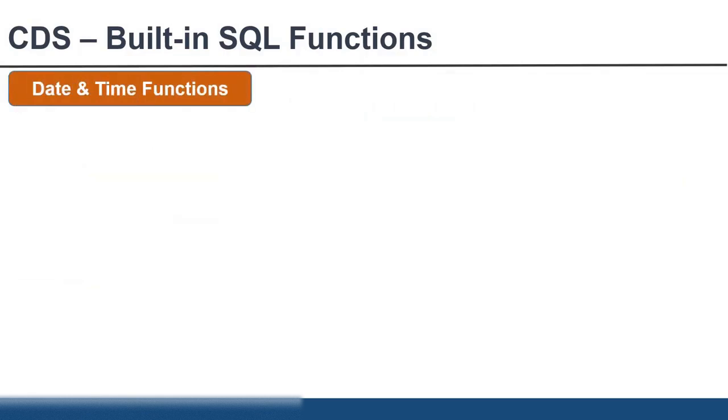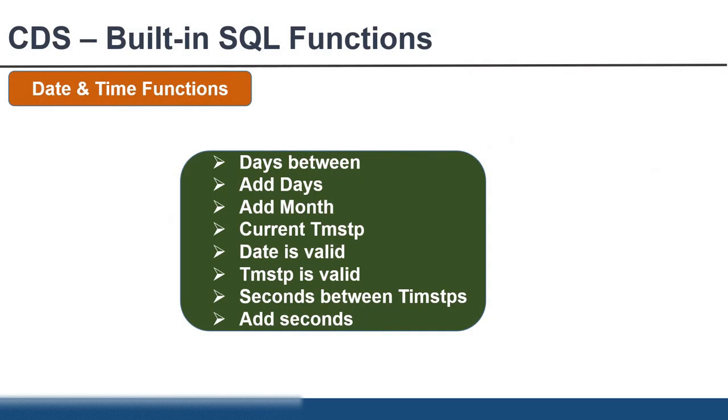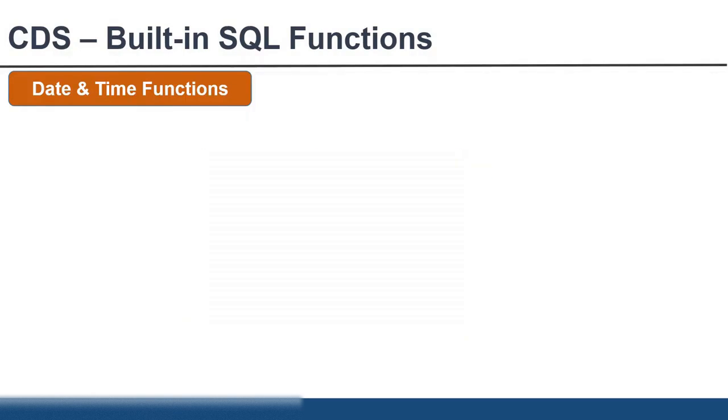Date and time function. We have these date and time functions as well. Days between two given dates. We can add number of days on a particular date. Current timestamp, whether a date is valid or invalid. Timestamp is valid or invalid. Seconds between two timestamps, and add seconds.